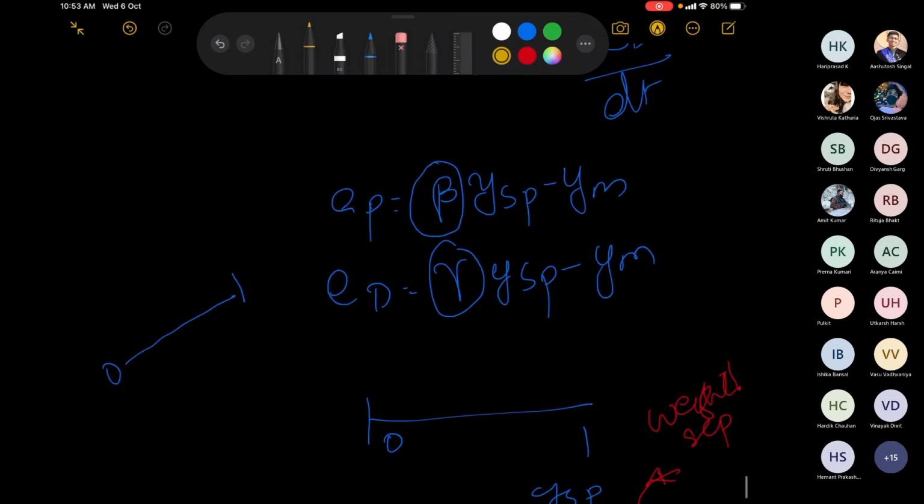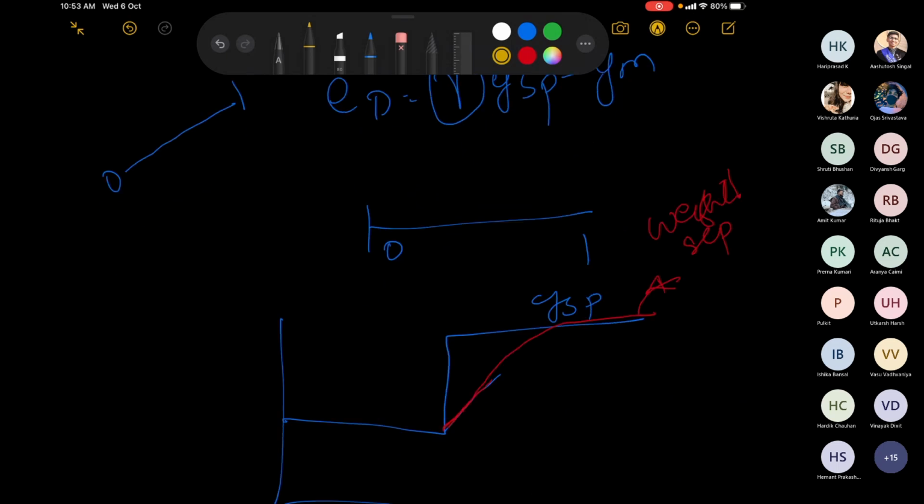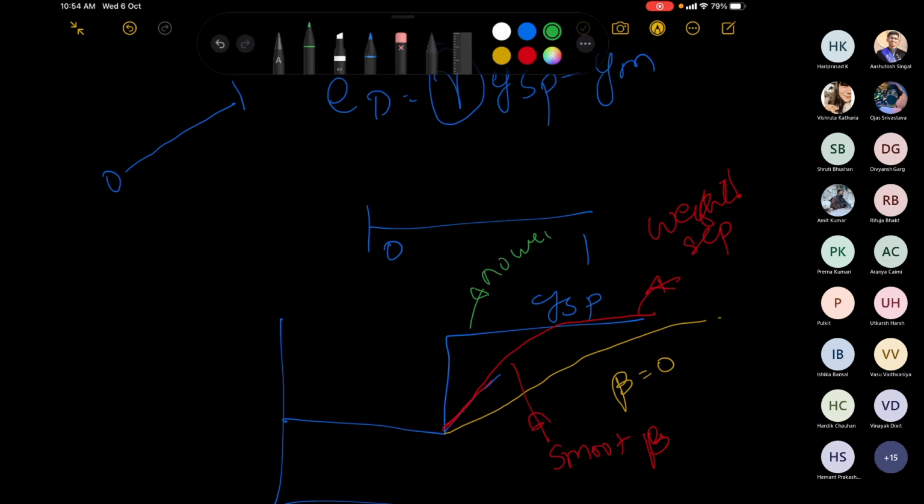So you put beta to be 0. This would be much slower. So here beta is equal to 0. So this is a smooth weighting of beta over a period of time. And this is no weighting. So you can play with this beta.